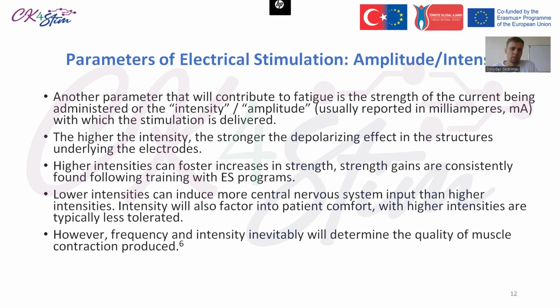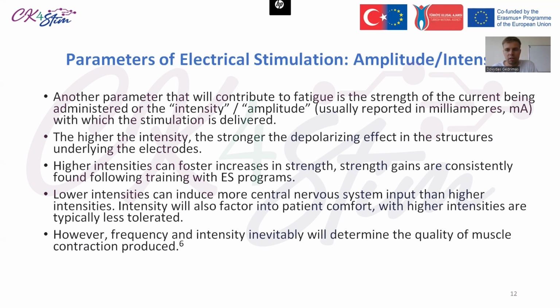Another parameter that will contribute to fatigue is the strength of the current being administered, or the intensity or amplitude, usually reported in milliamperes, with which the stimulation is delivered. The higher the intensity, the stronger the polarization effect in the structures underlying the electrodes. Higher intensities can foster increases in strength.